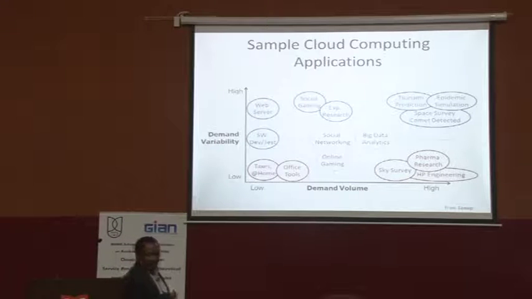Here are sample applications that, if you do it in a dynamic environment, create problems for resource provisioning, SLA violations, and quality of service maintenance. All these things get affected if you have a combination of these jobs. As you can see, this combination of jobs can be looked at from demand volume.